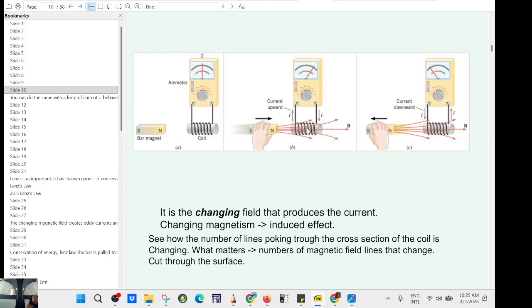But because there is no free lunch, you are converting mechanical energy to electrical energy. So you have to feel the pain. No pain, no gain. It means that as you go in, you have to do work. You have to push. It has to be hard. You really have to push really hard. And why is that?